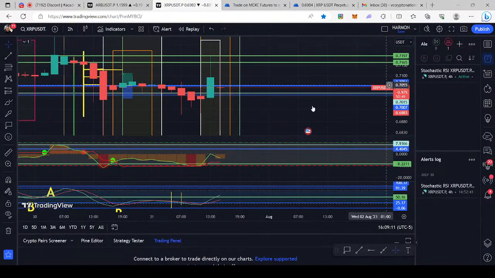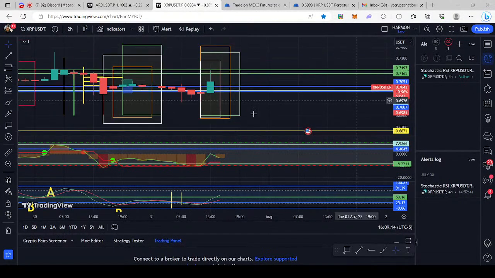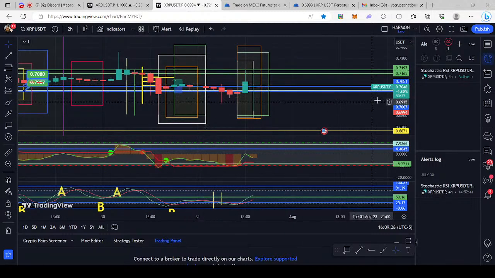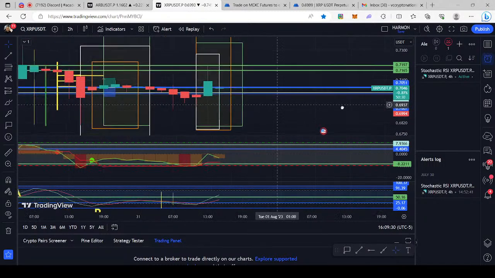That's kind of what I'm looking at right now, because XRP is doing this little consolidation move. We had a couple of 4-hour bottoms, and then they moved up, and this last 4-hour bottom is probably the best one. I'm trying to figure out what would be the best long.